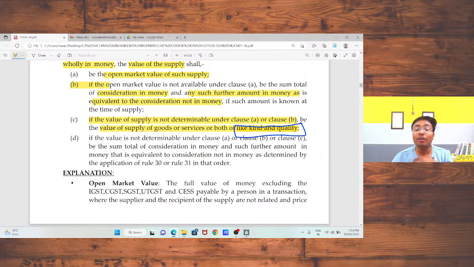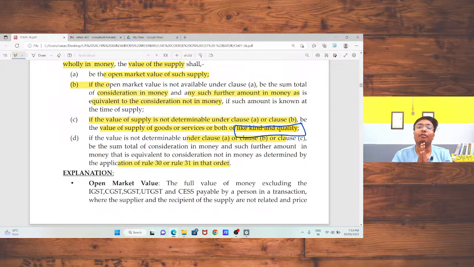Or if you are not able to decide the value on the basis of A, B and C, in that case you need to take the reference of rule number 30 and rule number 31. What are rule 30 and 31? We will discuss in a later case.